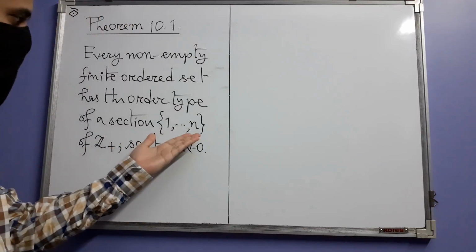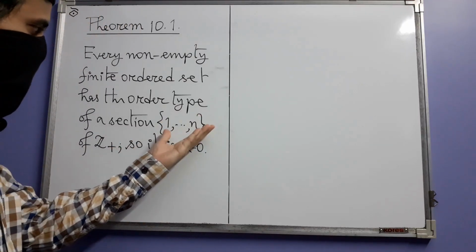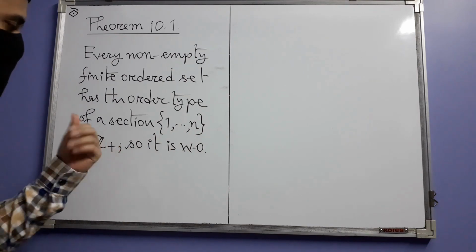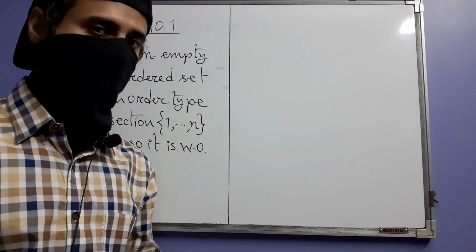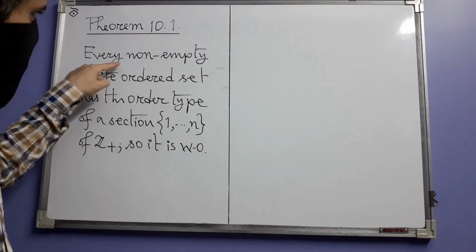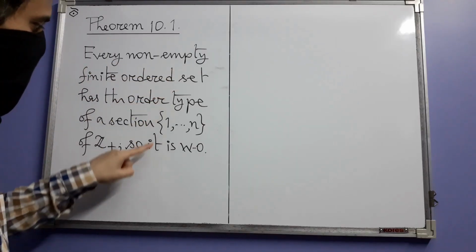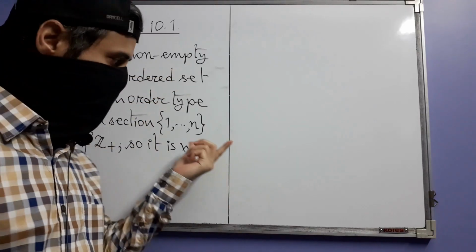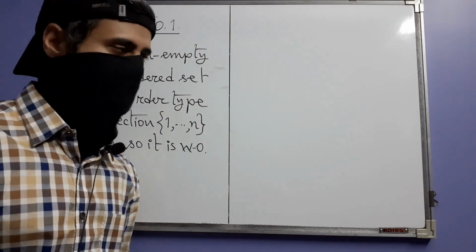You know how this is ordered, that is, it gets its order from the original set of positive integers, and that is why the non-empty finite set is well ordered, because this one is well ordered. So let's now prove this.